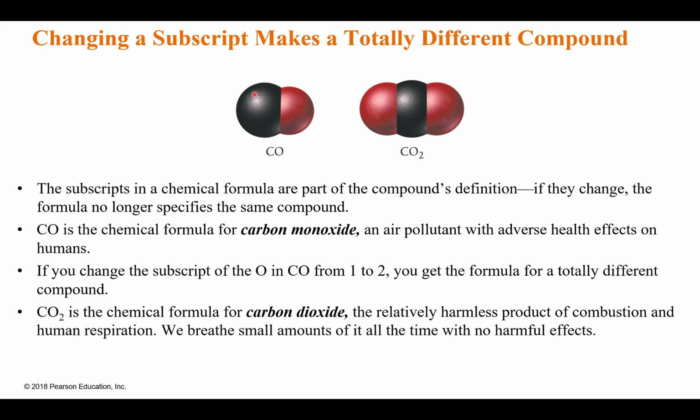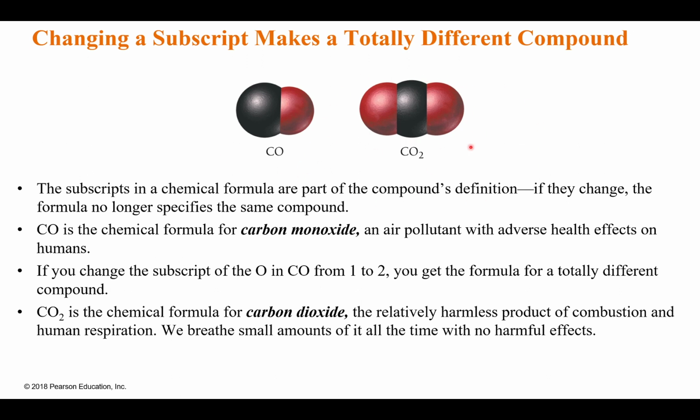And we have to be very careful when we're dealing with molecular compounds or ionic compounds. We do not touch these ratios, because even changing it very slightly will give you a completely different compound. Let's take, for example, the difference between CO and CO2. This is carbon monoxide and this is carbon dioxide.